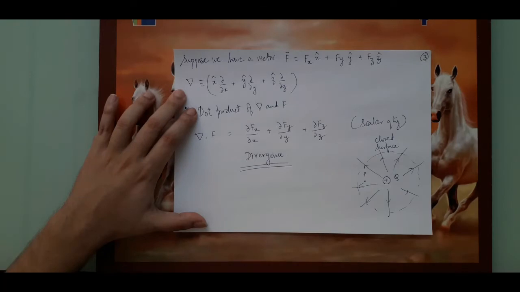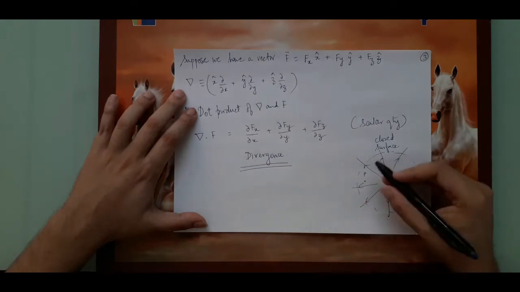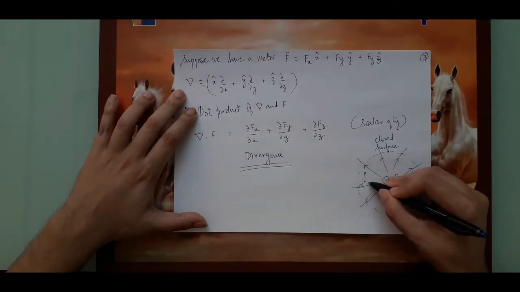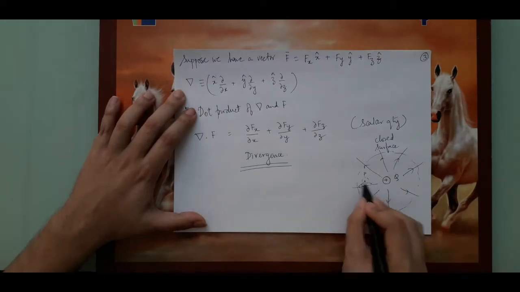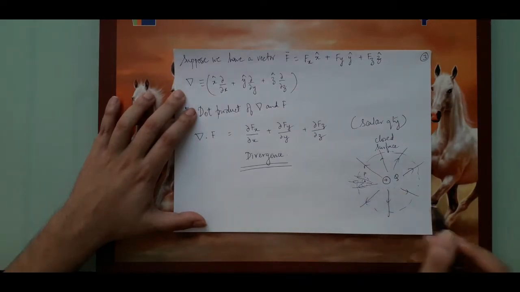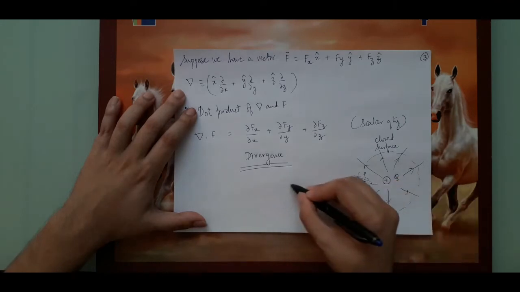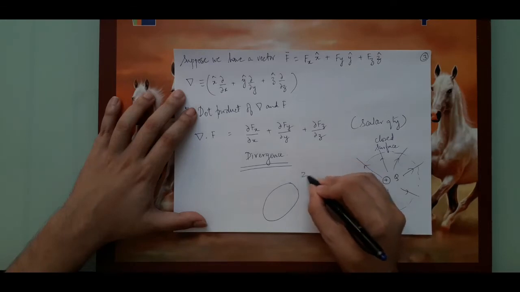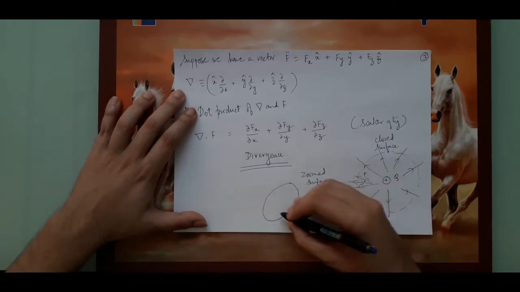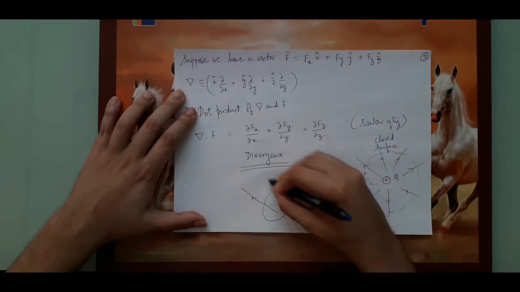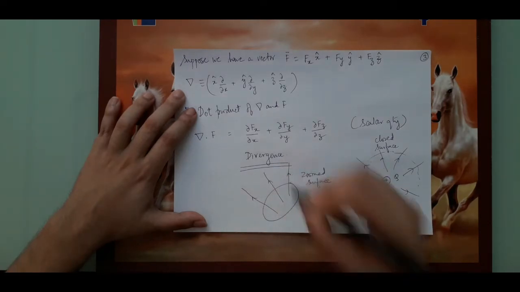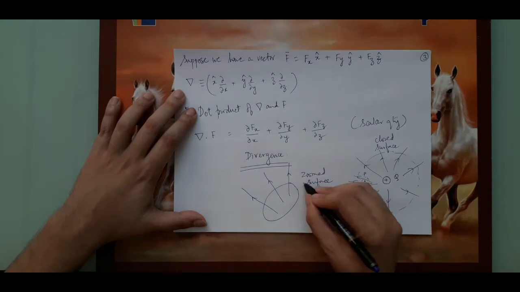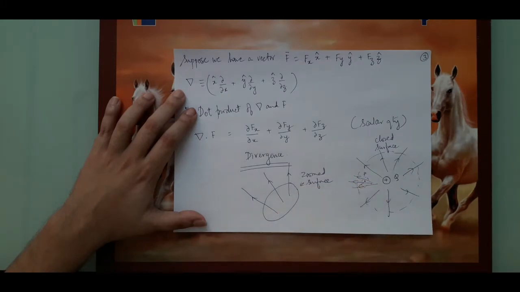If I now look at this part of the surface, I can see that the field is going to come out like this, the vectors. If I now zoom in onto P, I will see at this surface definitely the vector is going to behave like this.